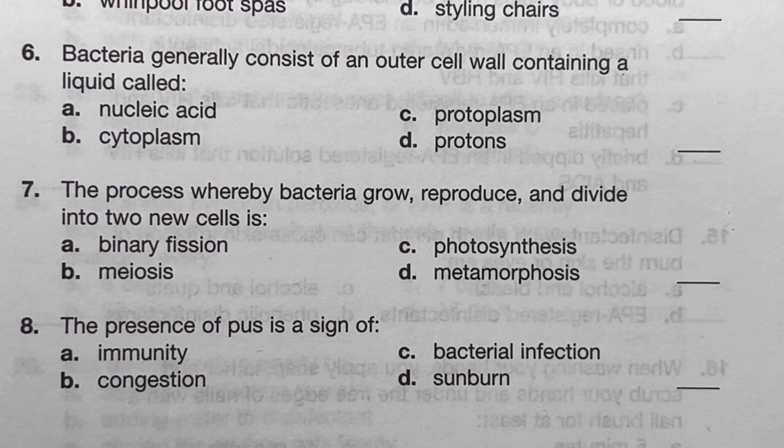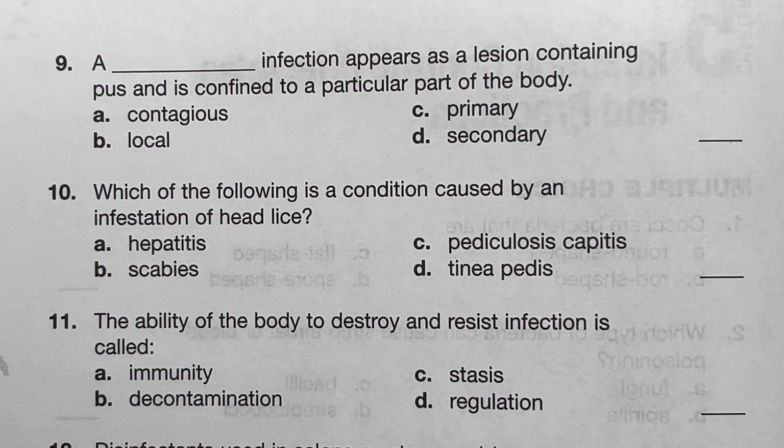Number 8. The presence of pus is a sign of A. Immunity, B. Congestion, C. Bacterial infection, D. Sunburn. And the correct answer is C. Bacterial infection. Number 9.